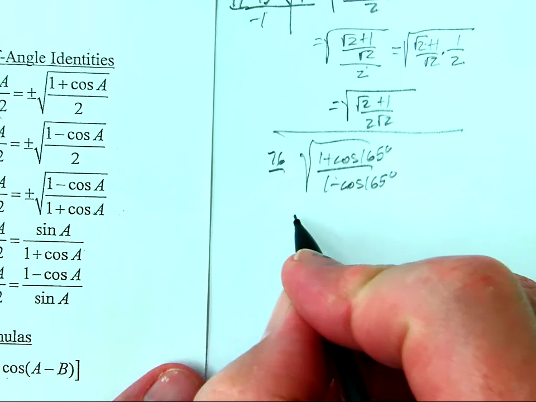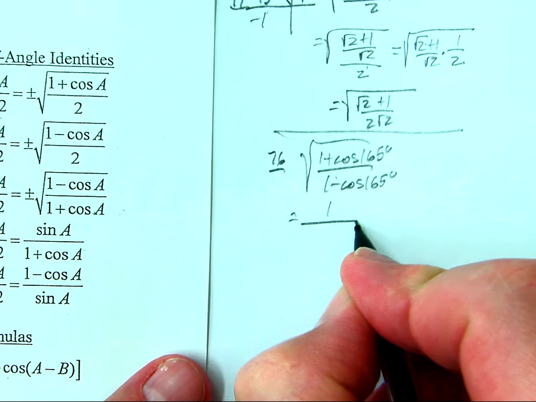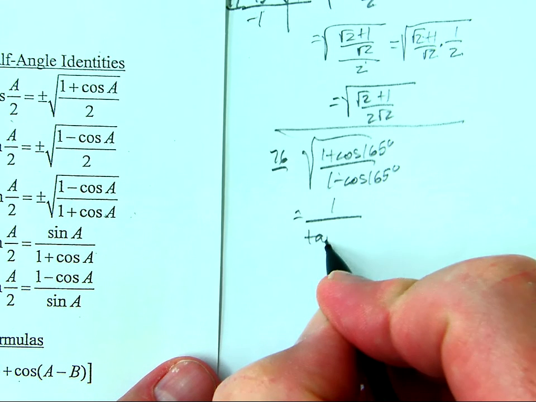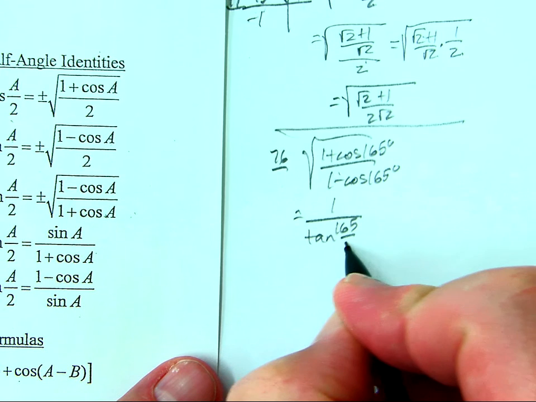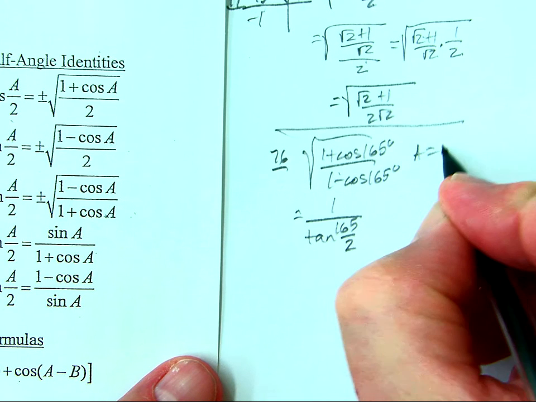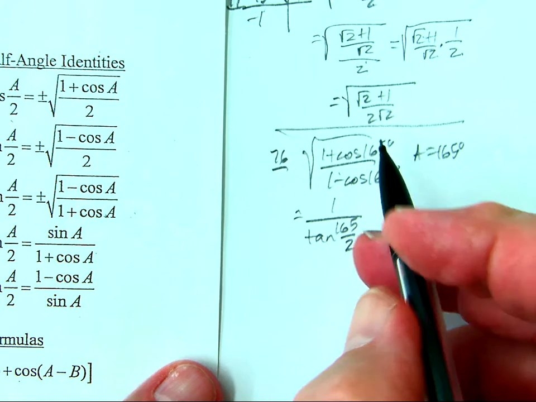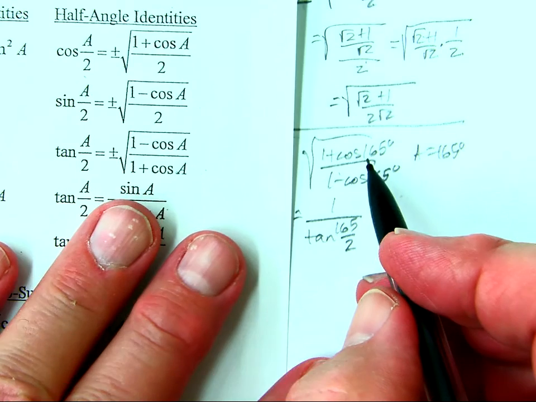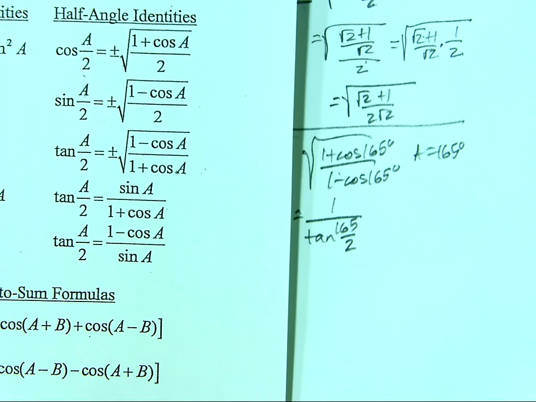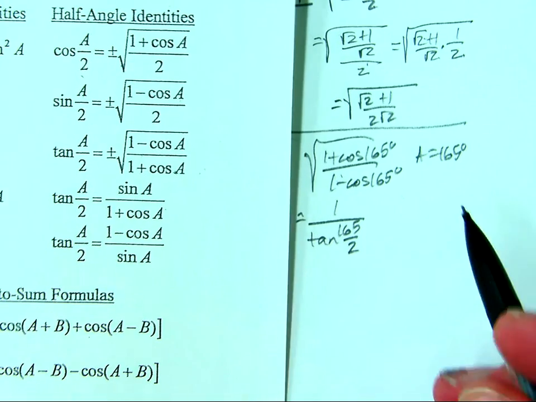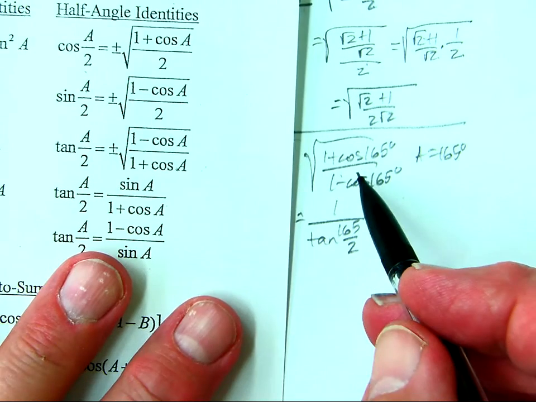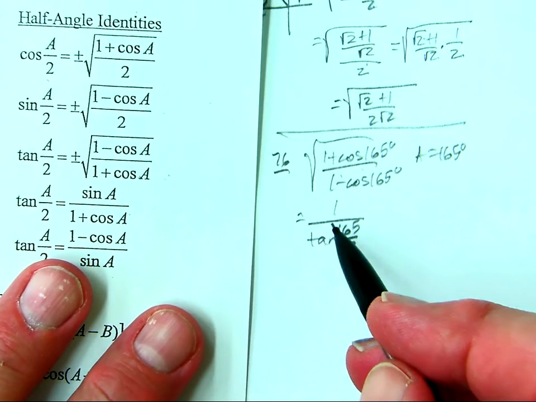So that means this one equals the reciprocal of the tangent of A over 2. So A is 165. You see that? So this is just flipped over from the identity. So flipping over means take the reciprocal.